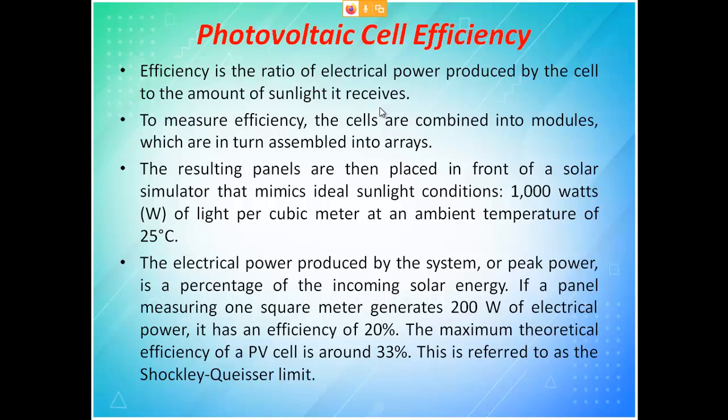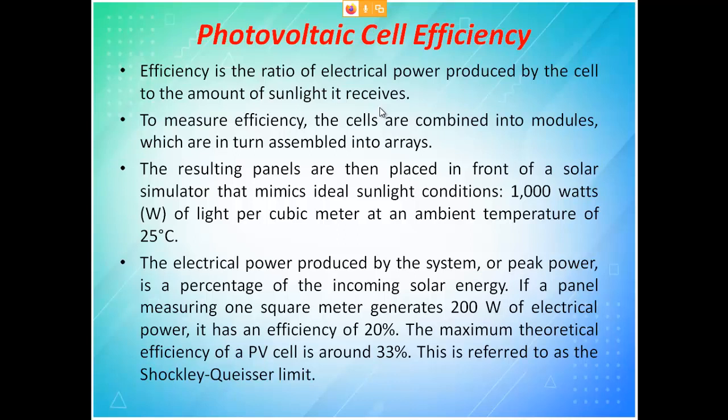Efficiency is about how much of the light from the sun can be converted into power. That is the efficiency of the solar panel. Don't think about the maximum a semiconductor can conduct. That is not the case, because the source is only sunlight. So to measure the efficiency, cells are combined to form a module, because I cannot take a single cell alone and try to find the efficiency.